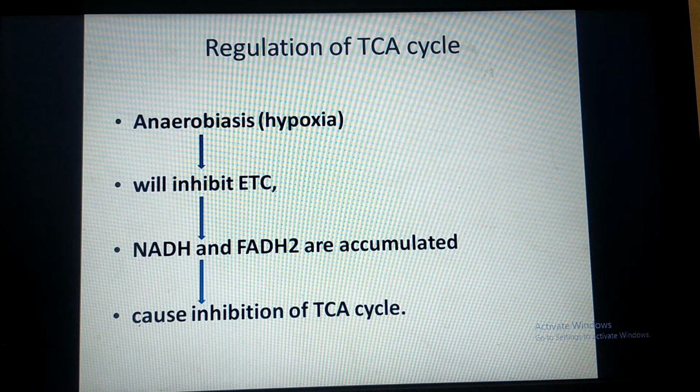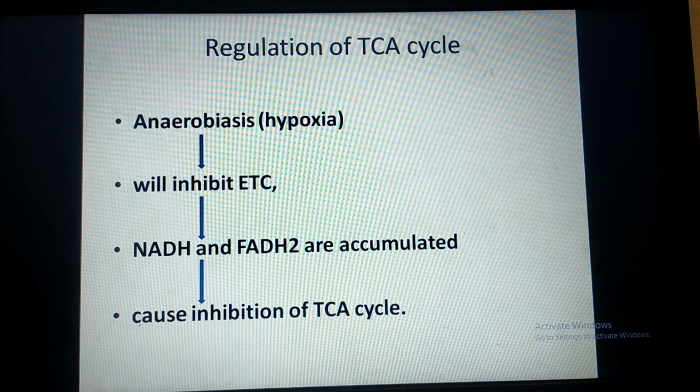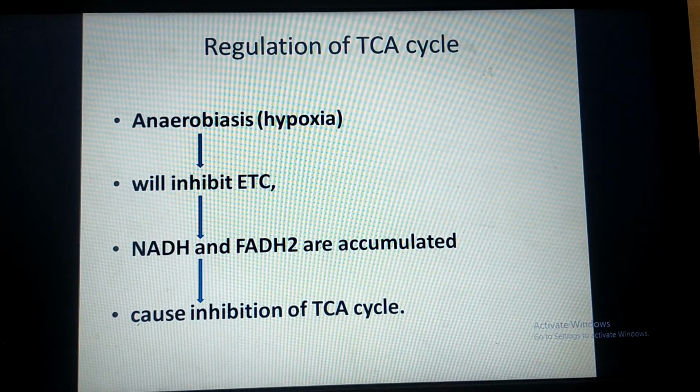Therefore, NADH and FADH2, which are utilized in the electron transport chain, are accumulated, and hence there is inhibition of the TCA cycle. So deficiency of oxygen not only inhibits the electron transport chain, but it also inhibits the TCA cycle through this mechanism. So this is about the regulation of TCA cycle.